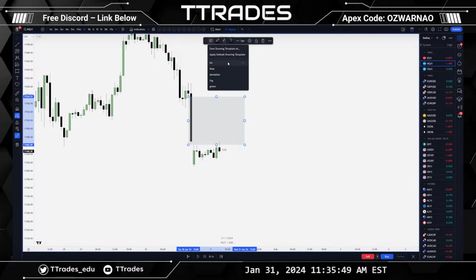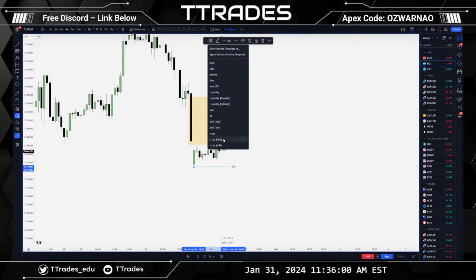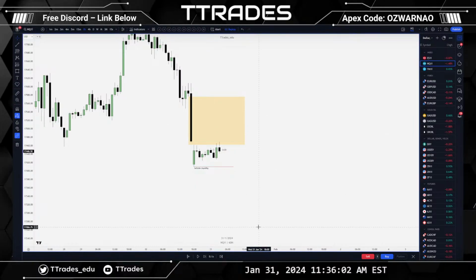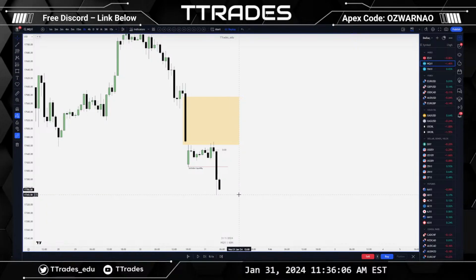We agree that is a fair value gap. So if we move from internal to external, external to internal, where are we likely to go? External liquidity, right? So then we move ahead. We've taken external liquidity. Now where do we go? Internal liquidity.